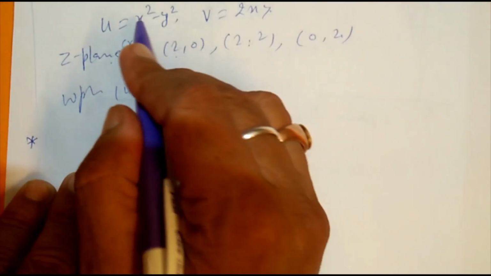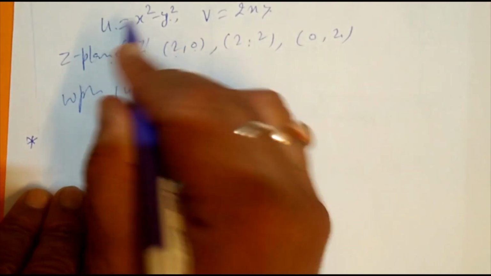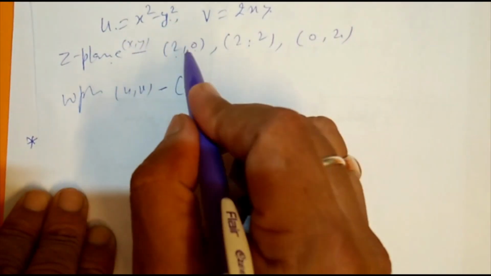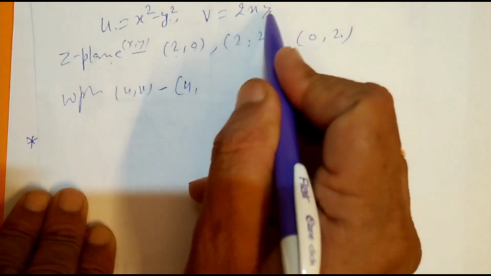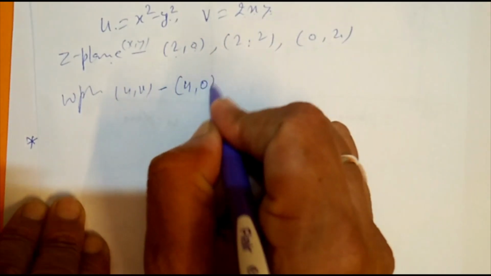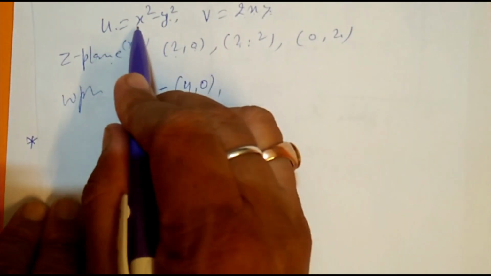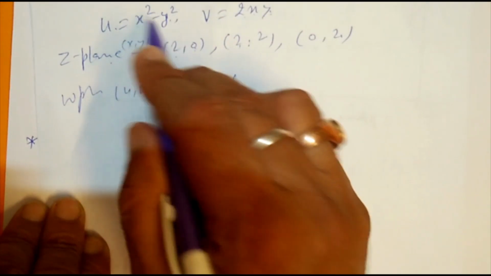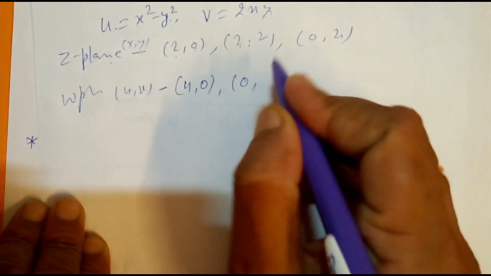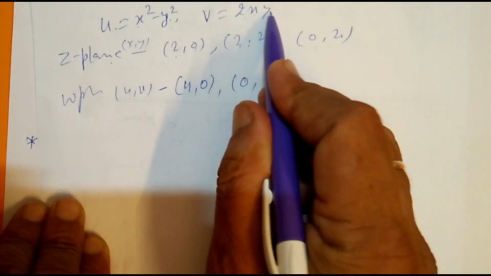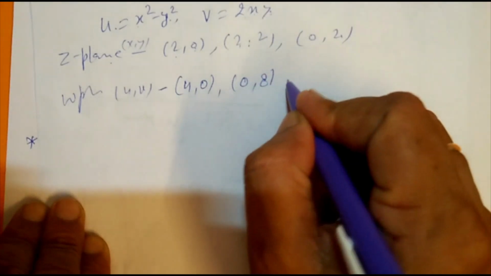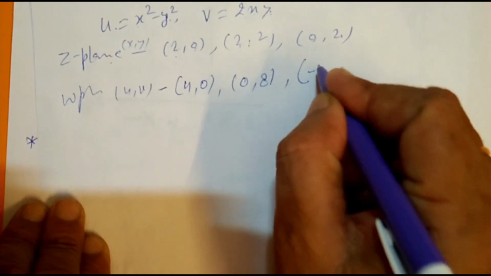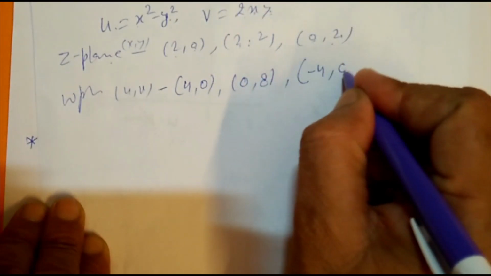When we put x = 2 and y = 0, then u = 4, and v = 0. Similarly, if we put x = 2, y = 2, then 2 squared minus 2 squared is 4 minus 4, that is 0, and v will be 8. Similarly, when we put x = 0 and y = 2, u is minus 4, and v is 0.